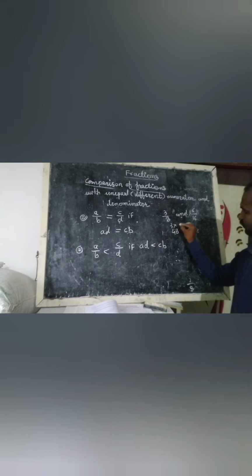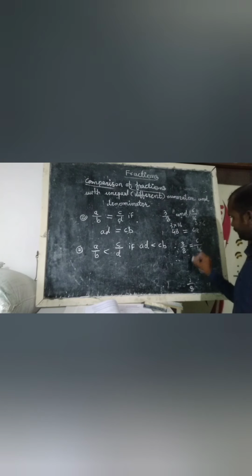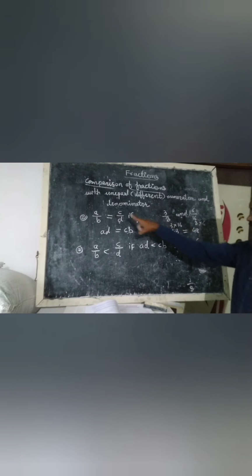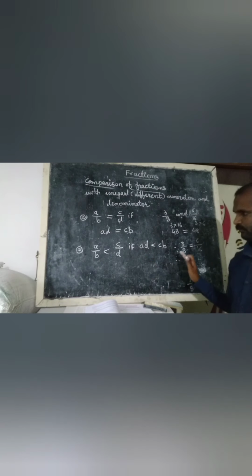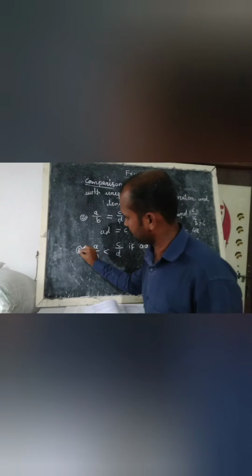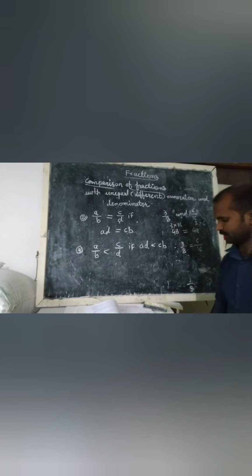Means 3 into 16 and 8 into 6: 48 is equal to 48. Therefore 3 upon 8 is equal to 6 upon 16. A upon B is equal to C upon D. In that way you can find out. So you can write two examples of these types.